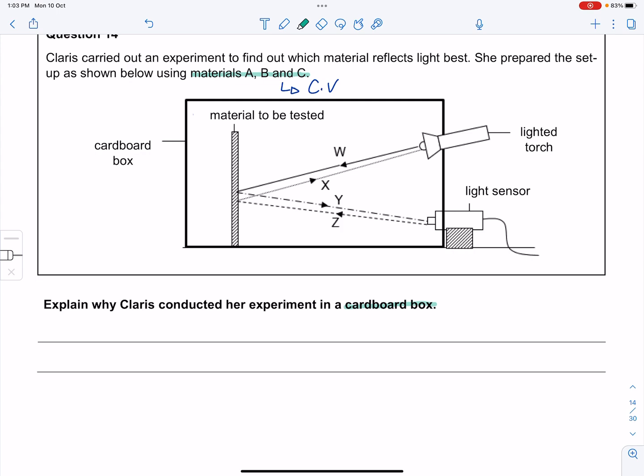When you ask yourself this opposite question, it forces you to realize that your light sensor, when it's inside the box, only detects light that is reflected from your material. But if you did not use the cardboard box, you will be detecting light from elsewhere, from the surrounding light and whatnot.